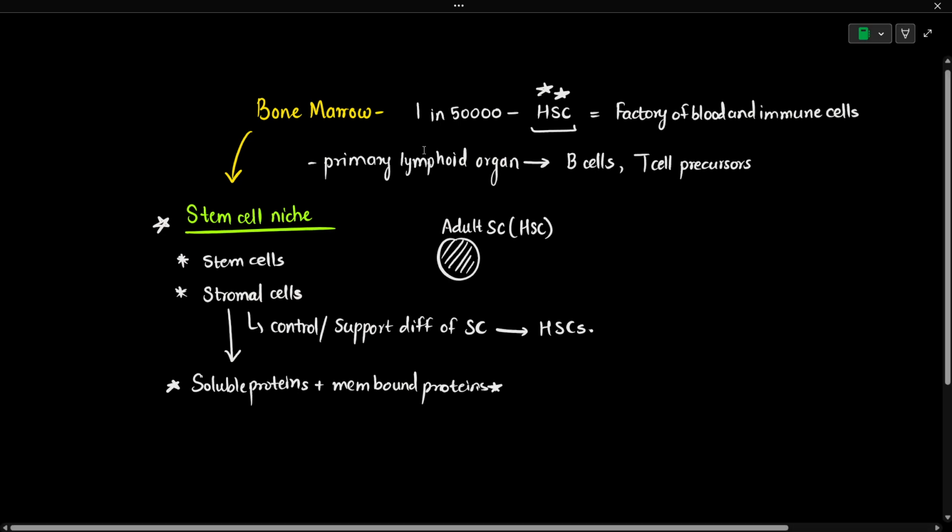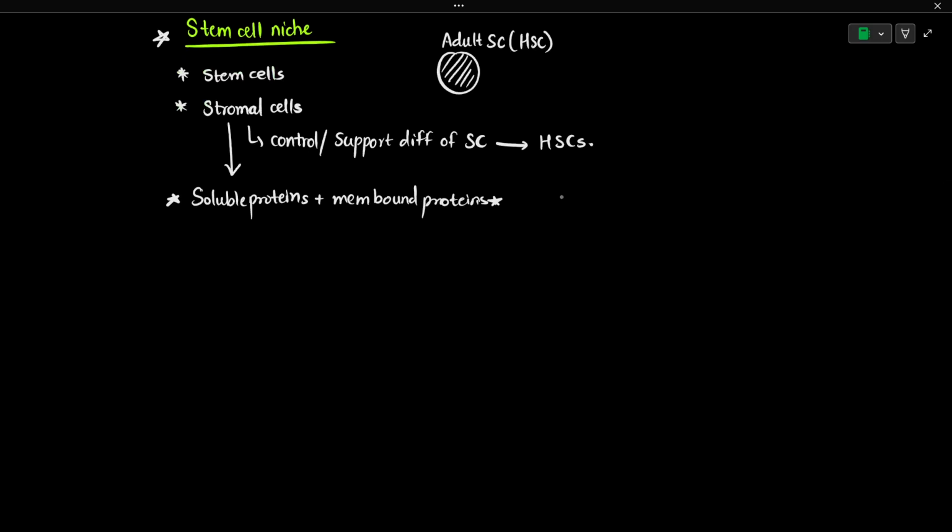So those soluble proteins or membrane-bound proteins that are expressed by the stromal cell are going to result in supporting or regulating the cell survival, the cell proliferation, cell differentiation, or even the cell trafficking or the molecular trafficking.